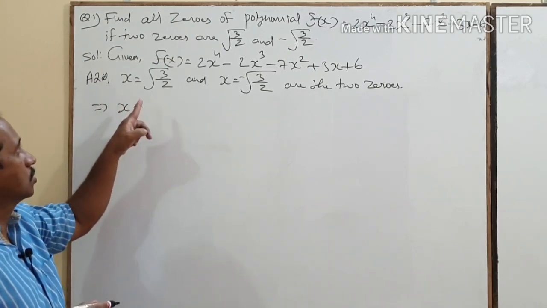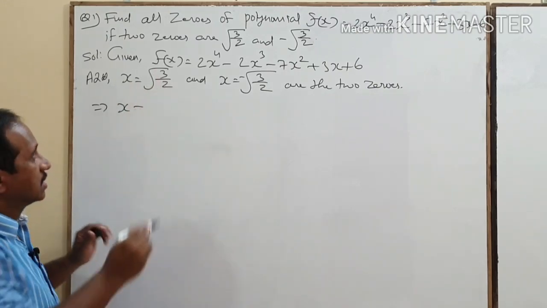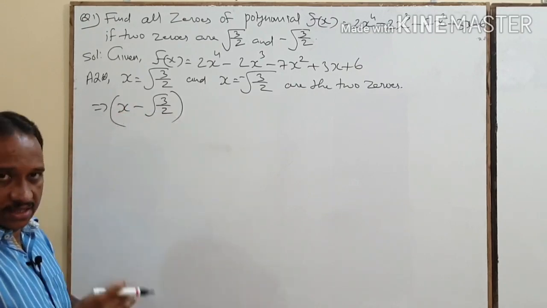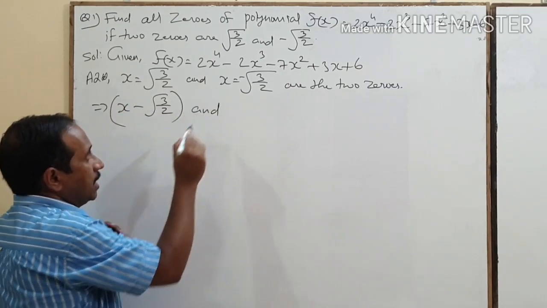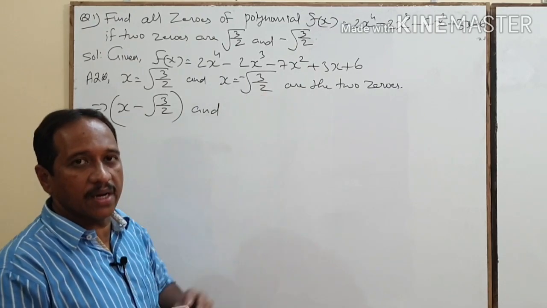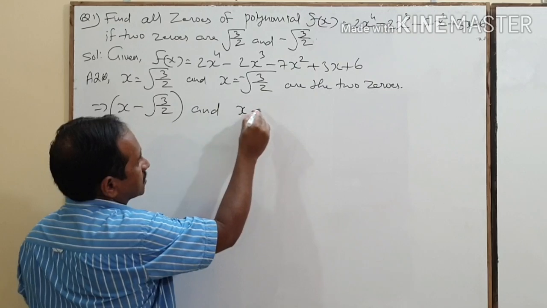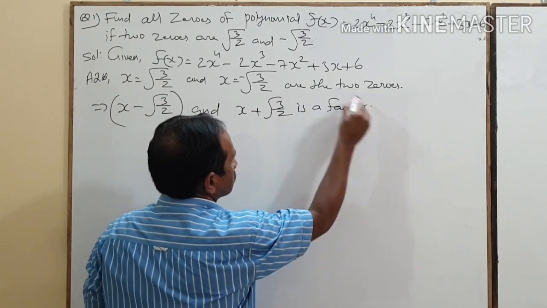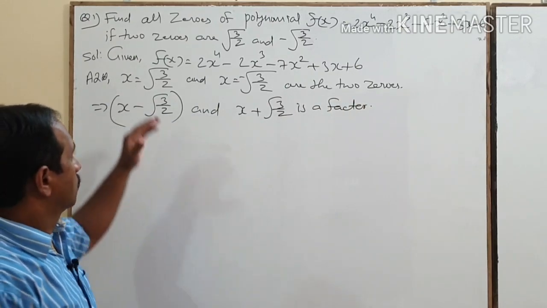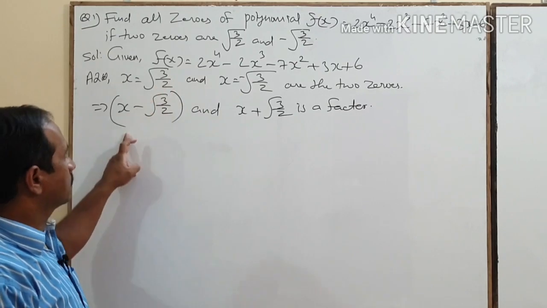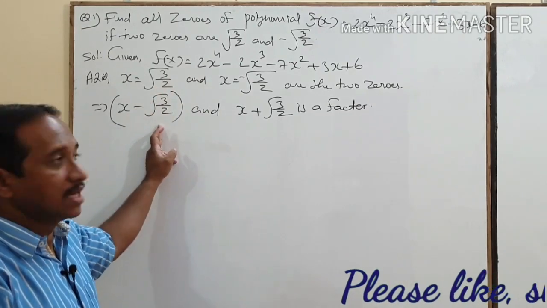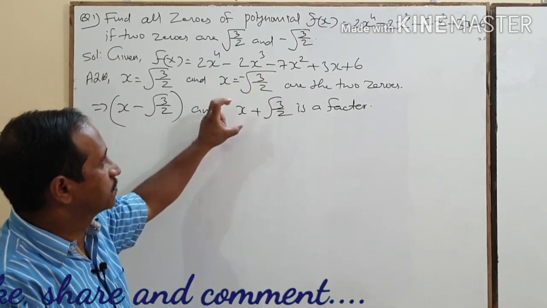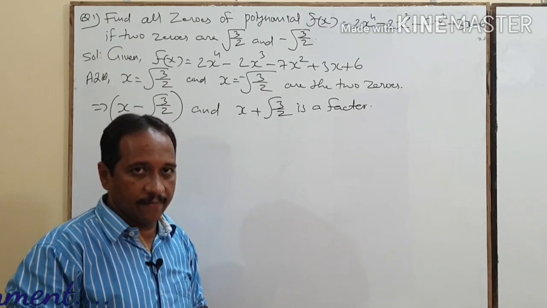If x is equal to root of 3 by 2 is a zero, then definitely x minus root of 3 by 2 is a factor, and if x is equal to minus root of 3 by 2 is a zero, then x plus root of 3 by 2 is a factor.